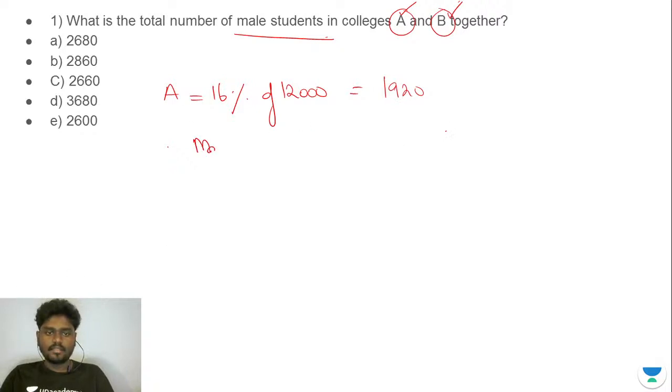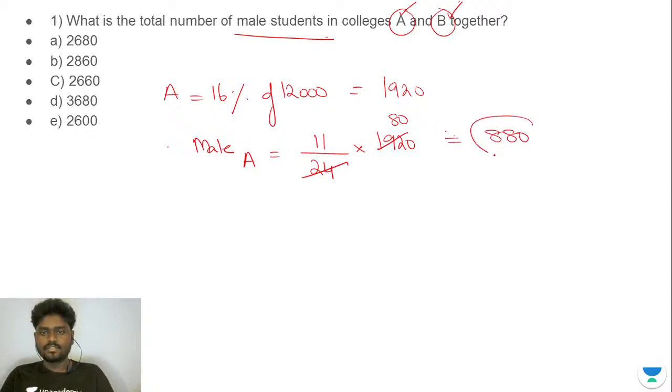You want to find the total number of male students in college A. Out of 24 parts, 11 parts are male, times the total number of students in college A. If you do this, guys, how much will it be? This goes exactly 80. So the total number of male students in college A is going to be 880.